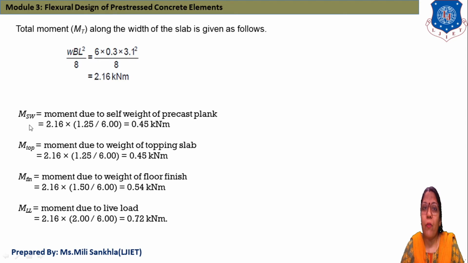Now one by one we find the self weight moments. First, moment due to self weight of precast plank. The equation is our total moment into 1.25 divided by 6. What is 1.25?